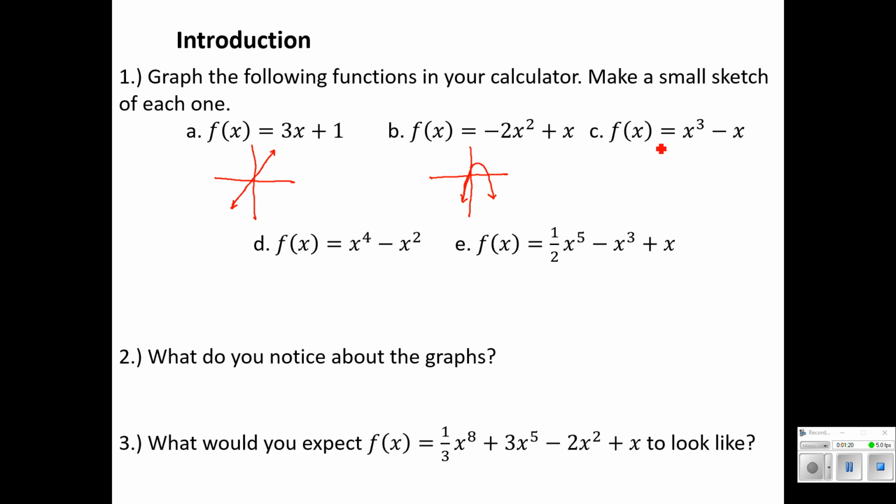All right, letter C, we've got a cubic function. This is a new one. So we probably see something like that, and it's probably a little bit more pronounced on your graphing calculator, probably something a little bit more steep like that, but you get the idea. Letter D, here we probably see something like that.